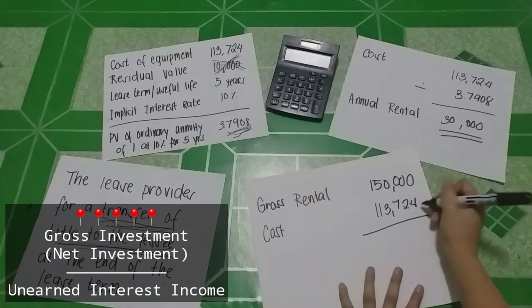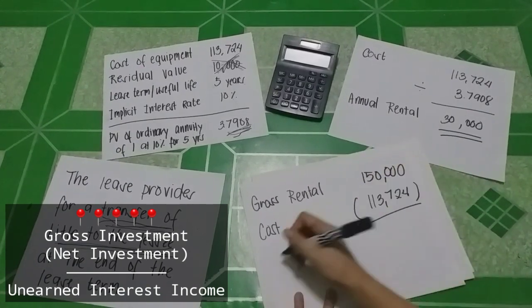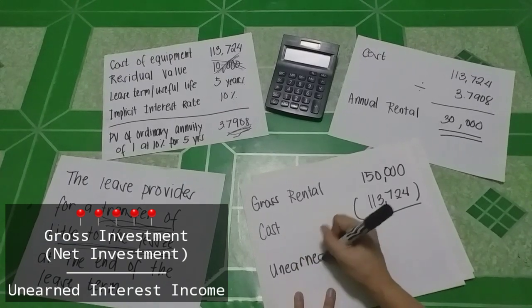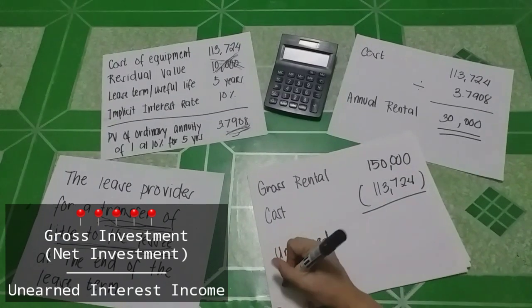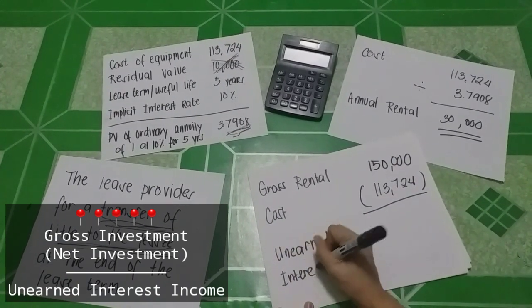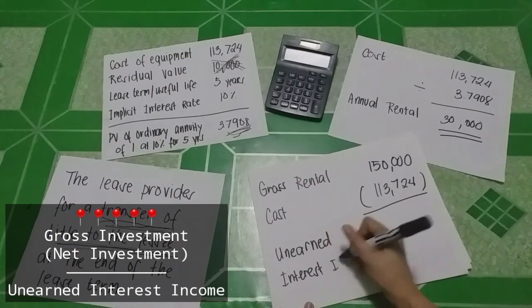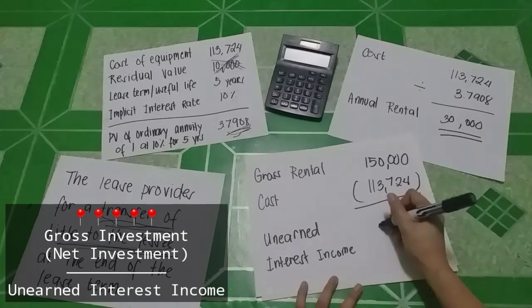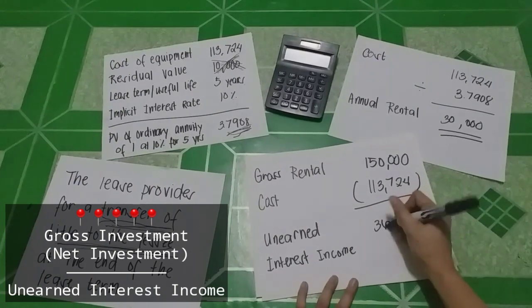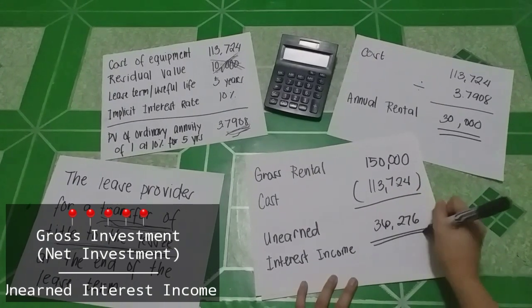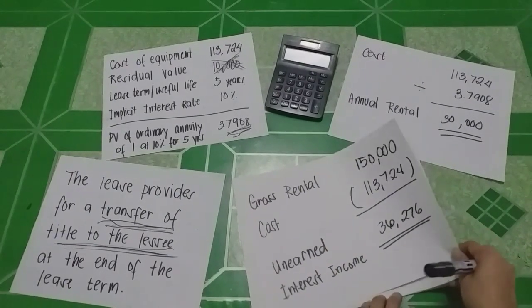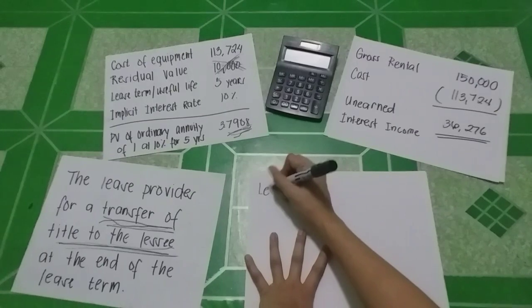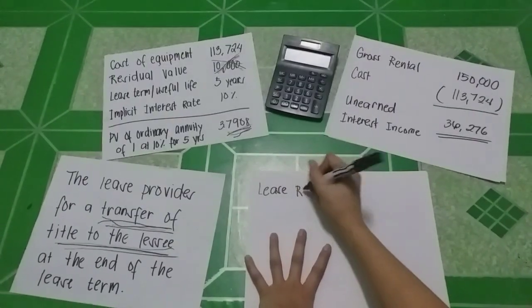And any difference of these two will now be equal to unearned interest income. And that would be equal to 36,276.